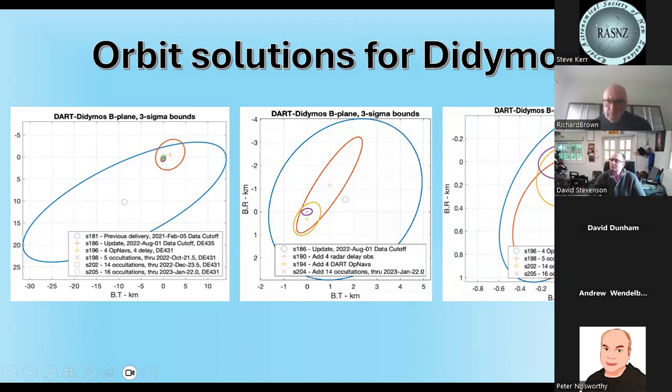And with 16 observations up till 23 January, so this is before the final set, it's the first set of observations. That's the uncertainty ellipse, and it's a 3 sigma uncertainty. And that's about 150 metres. Yeah, a 1 sigma uncertainty of 50 metres.